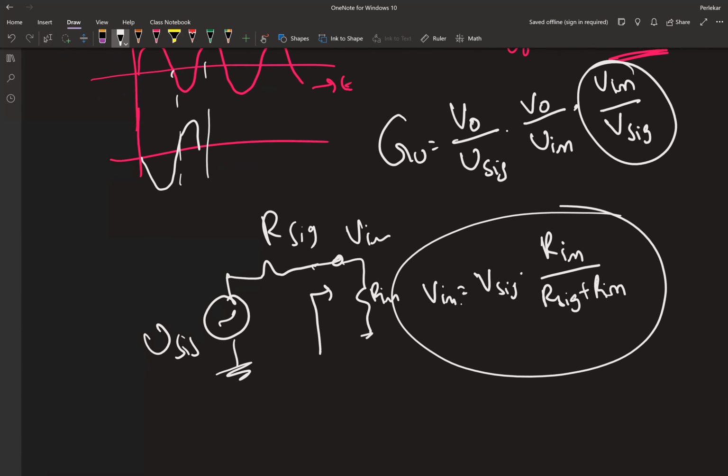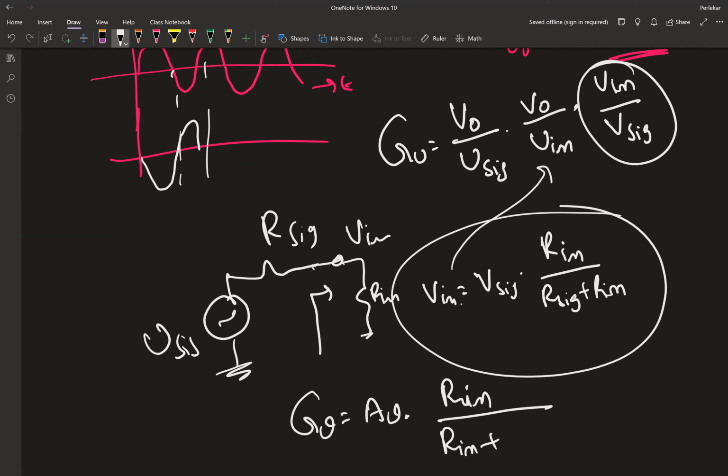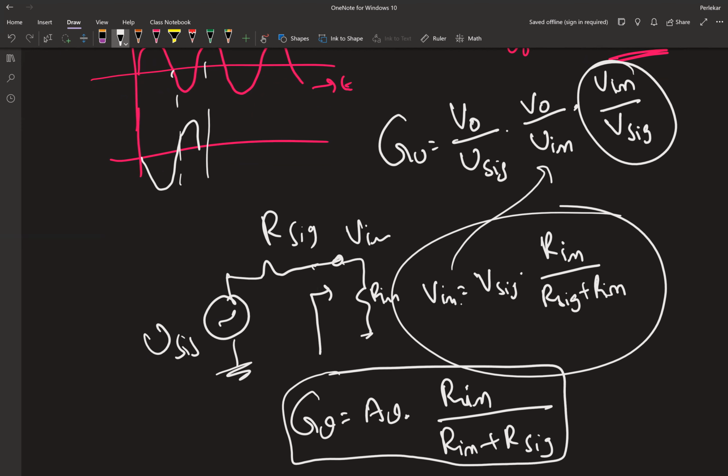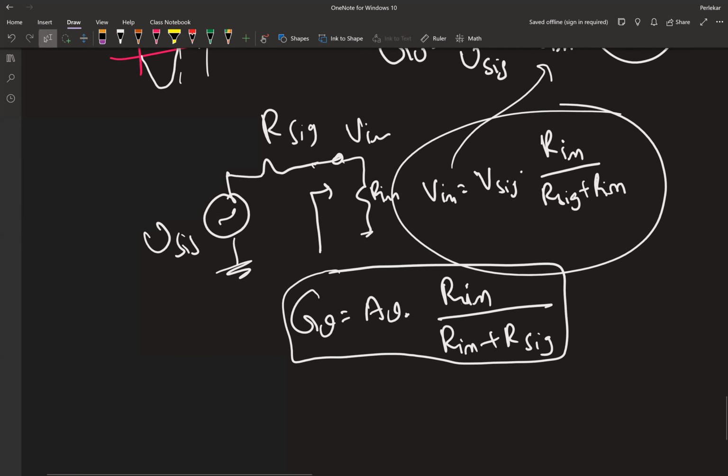So if I substitute this equation in there, my overall gain must be AV times R in over R in plus R sig. This formula is not going to change with pi model, T model, or CE, CB, or CC configuration. This equation is the same for any configuration. Here R signal is 0, so basically your GV equals AV.